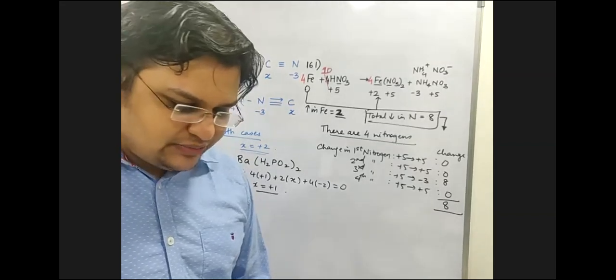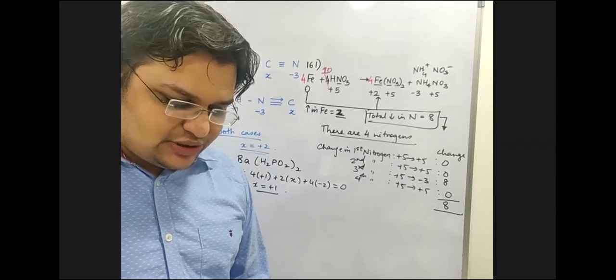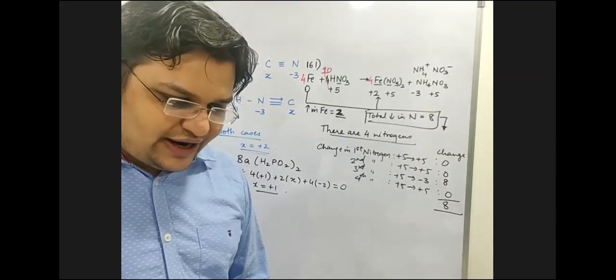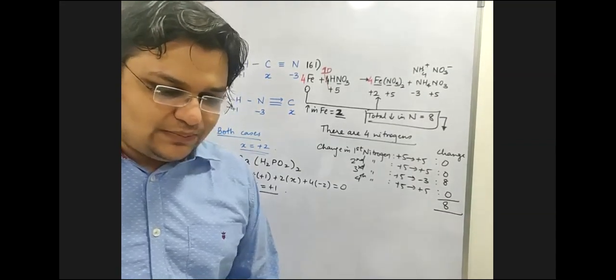I'm talking about Yashvi, right over there. Substitute the oxidation number in each option and find where the sum is 0 because it's a neutral compound.